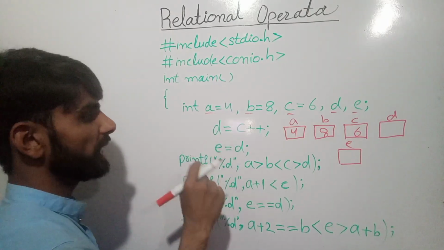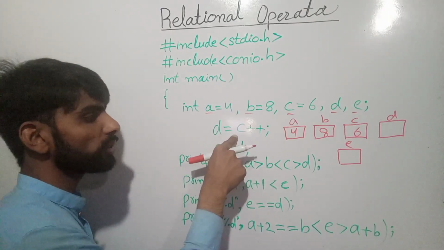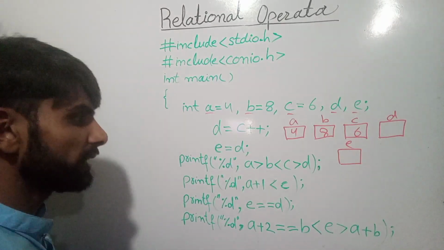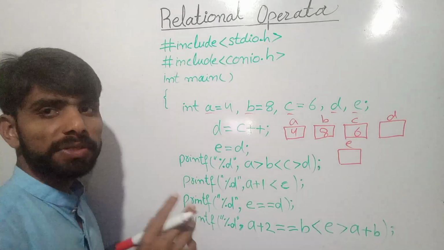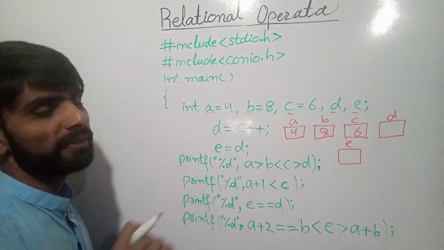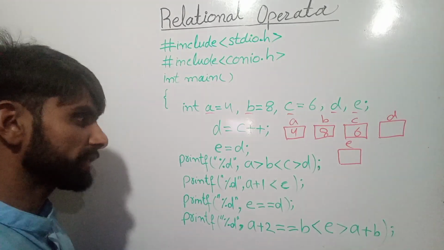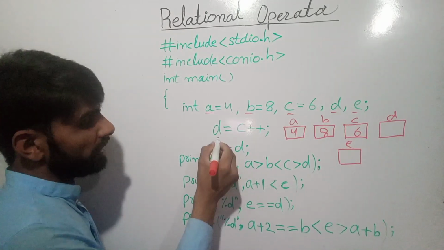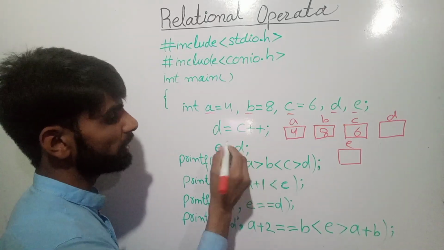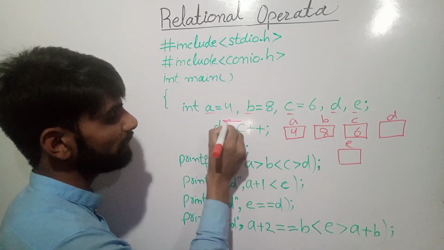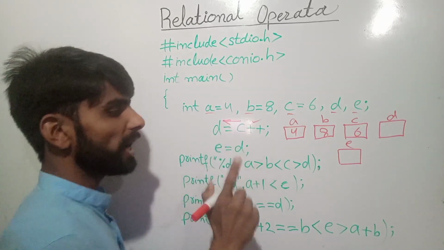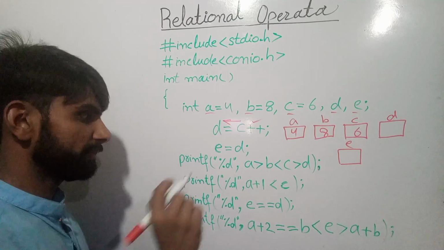Here I am assigning the value of d equal to c++. This is the increment operator. In the previous video I have discussed all about the increment and decrement operators in detail with examples, so you can watch it. In this case, the variable comes first and then the increment operator, so first the value of c will be assigned to d and after that the value of c will be increased by one.